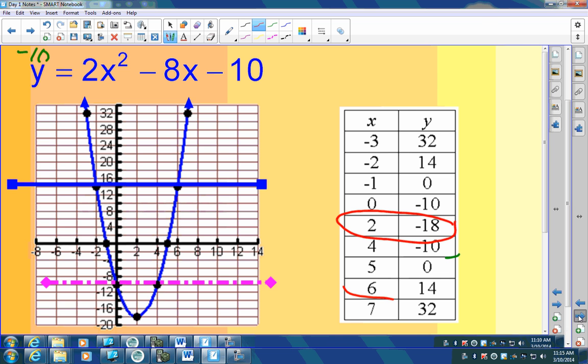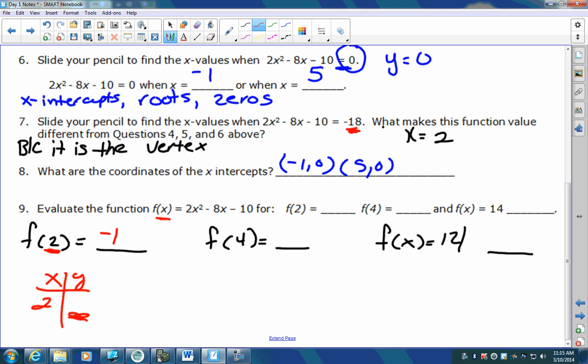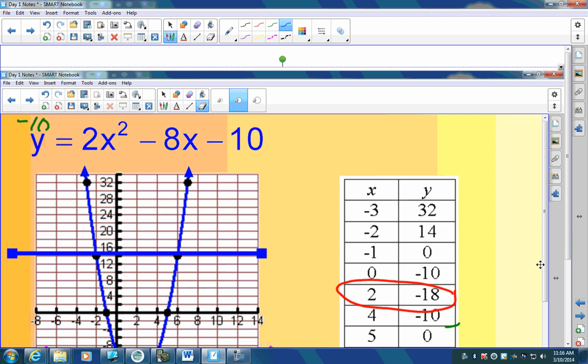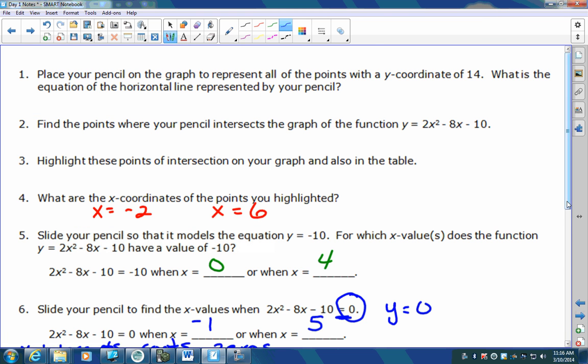Negative 18. So write down negative 18. Now f of 4 is saying when x is 4, what is y? So we look back over here. When x is 4, what was the y number? Negative 10.